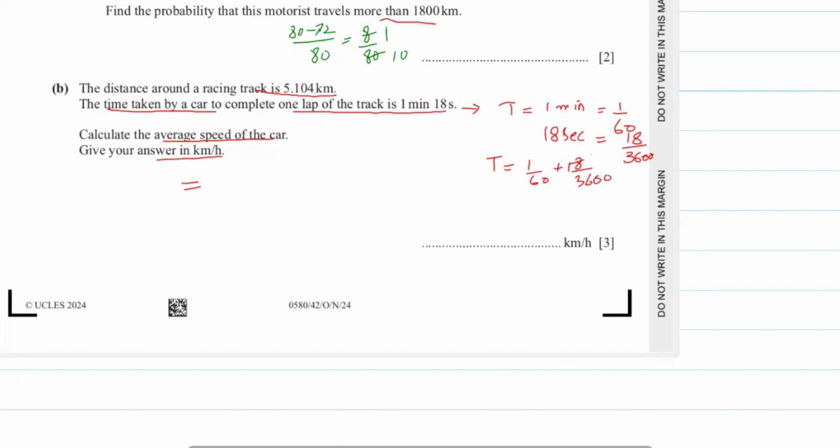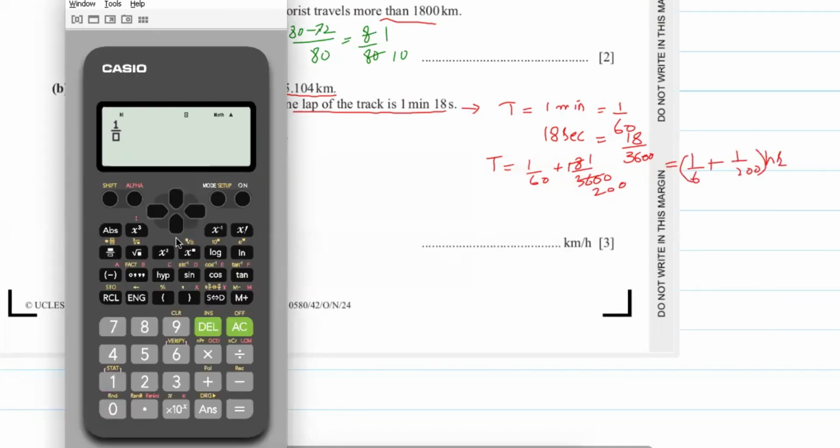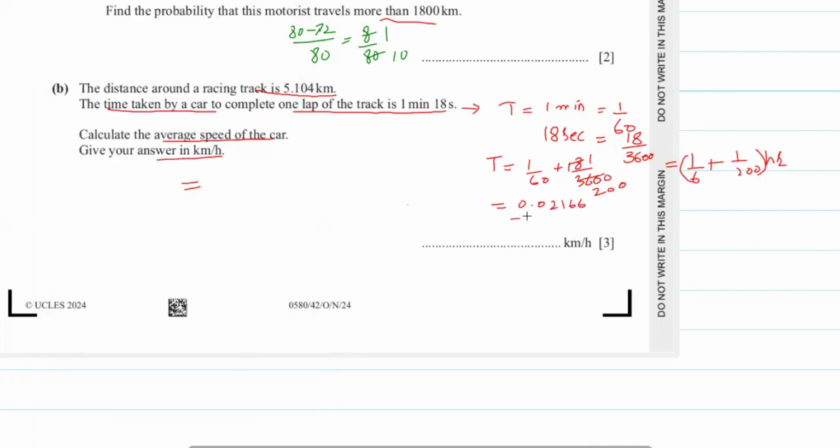We can write this as 1 over 200, so the total is 1 divided by 60 plus 1 over 200, and this will be equal to 0.0217. The speed will be equal to distance divided by time.